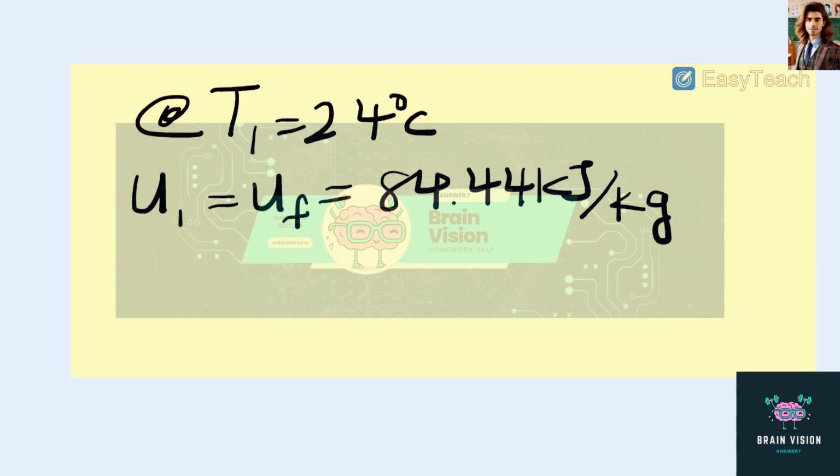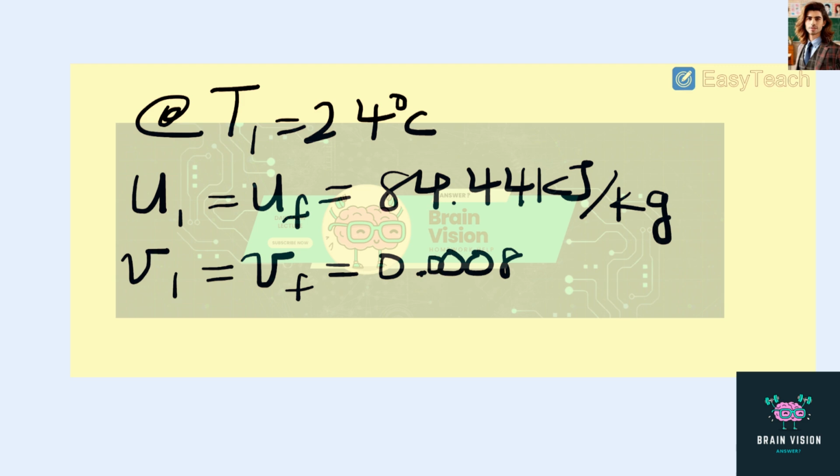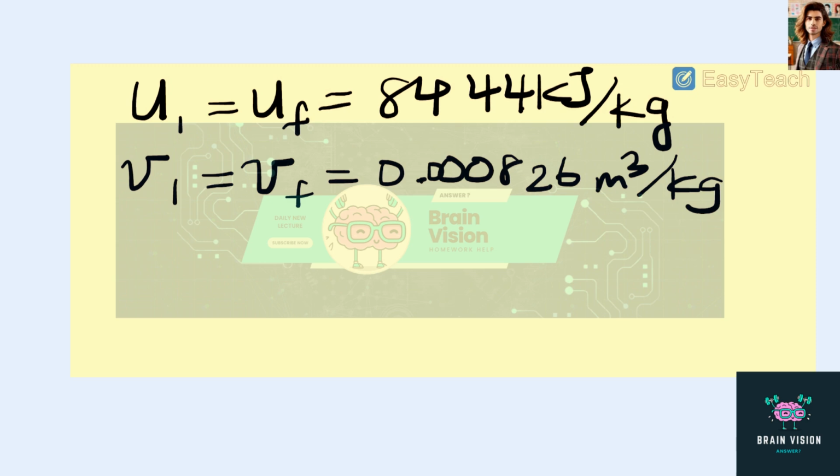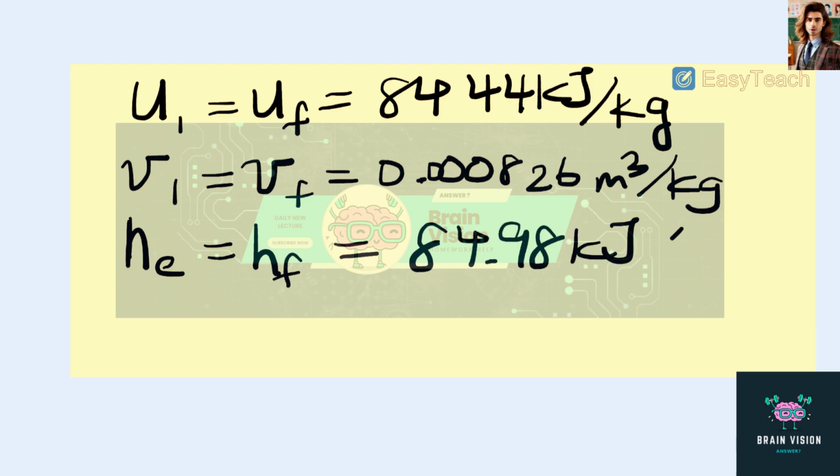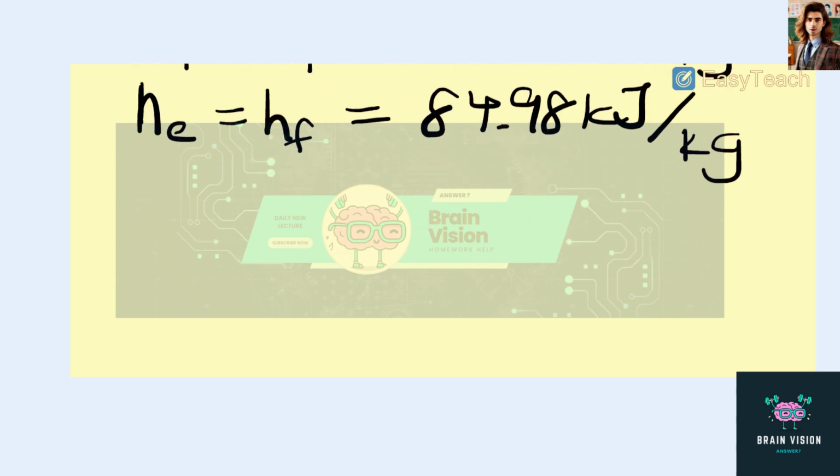The specific volume V1 is equal to VF, which is 0.000826 meters cubed per kilogram. The enthalpy HE is equal to HF, which is 84.98 kilojoules per kilogram. We can use everything at the same temperature because our assumption is that this entire process is isothermal.